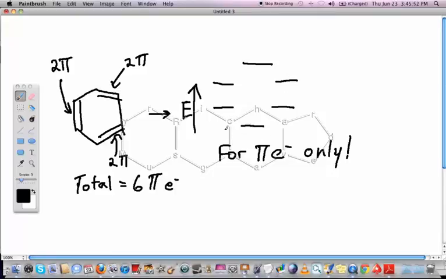Now, since we're only dealing with the pi electrons here, we know that each of these double bonds contains 2 pi electrons. That's a total of 6 pi electrons. So the energy diagram for benzene is going to look like this. Now there's a line here that we can draw in between, and this represents the bonding, and this represents the anti-bonding orbitals up here.